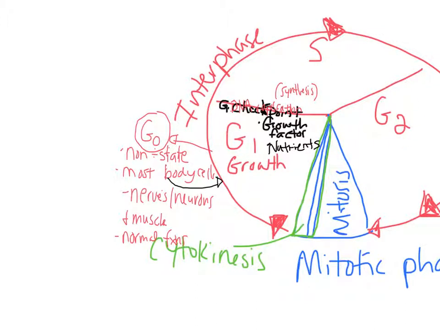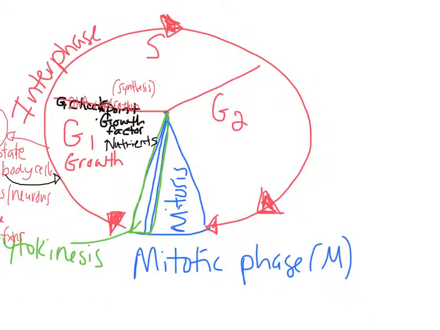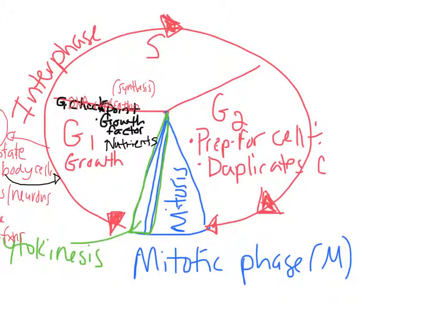Then we get to G2. G2 is a phase of preparing for cell division. A little more growth. It duplicates the centrosomes with the centrioles if it's an animal cell.